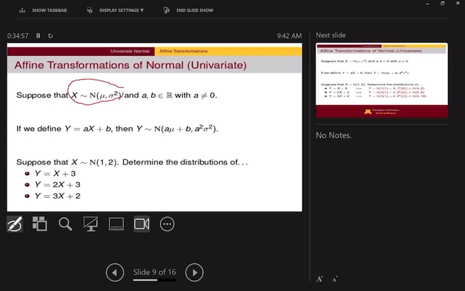Let's assume X is the price of a commodity, and the price changes. A typical example could be oil price. We assume oil price follows a normal distribution with mean mu and variance sigma squared.